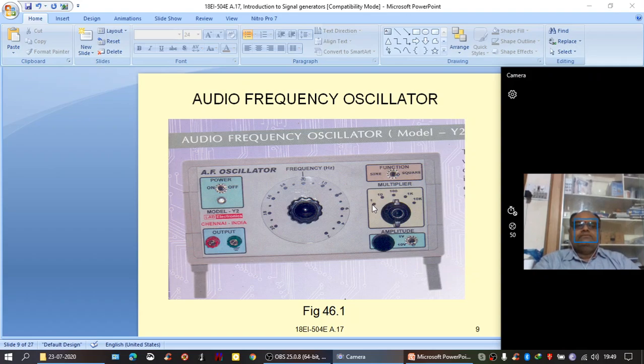The first one is from 1 Hz to 10 Hz. The second one is 10 Hz to 100 Hz. When this switch is in the third position, it produces frequencies from 100 hertz to 1000 hertz. That means 100 hertz, 200 hertz, 300 hertz, 400 hertz, in terms of hundreds.